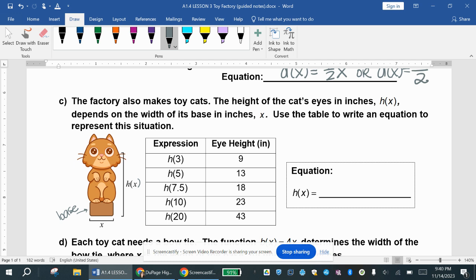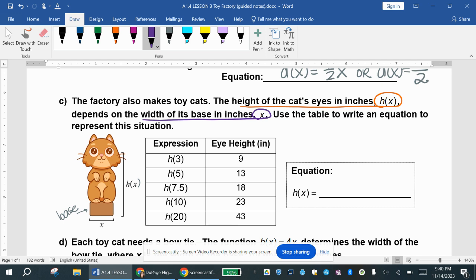But they've given us a couple of data values to help us figure it out in the table. So I want everyone to think, okay, well, x is the width of the base. So feel free to underline, circle. So the height of the eyes is h of x, and the width of the base is x.